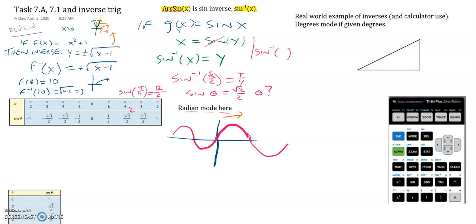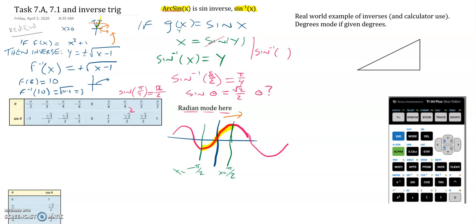So what they decided, and they literally just looked at this graph, and they looked at the unit circle too at the same time. They noticed between these x values, if you go back a pi over 2, and you go forward a pi over 2, then you have a one-to-one function on the inside, this little kind of S. I always look at it like a cool looking S. That's now your domain.